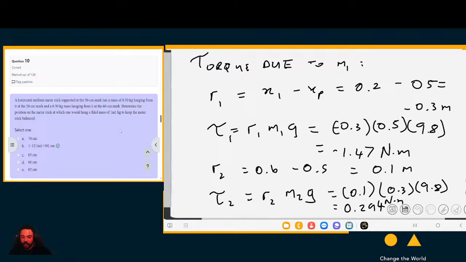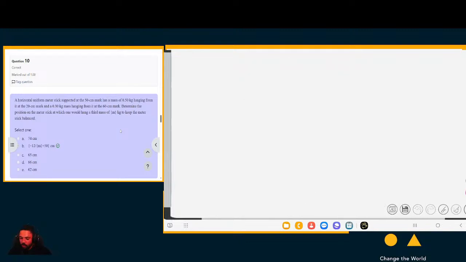Now we know that the sum of these torques must be equal to 0. By the way, I forgot there's a negative there. The sum of the torques, because that is the condition for equilibrium, must be equal to 0.